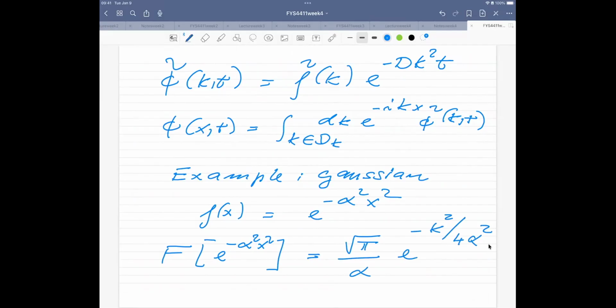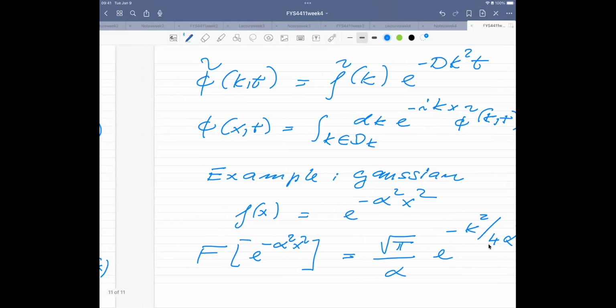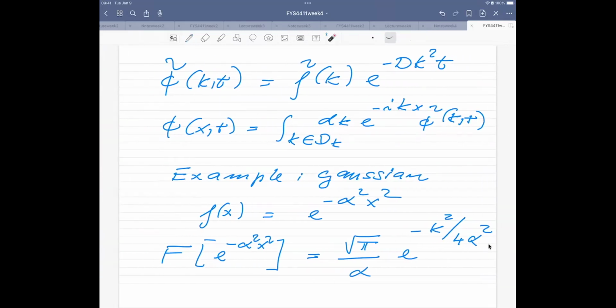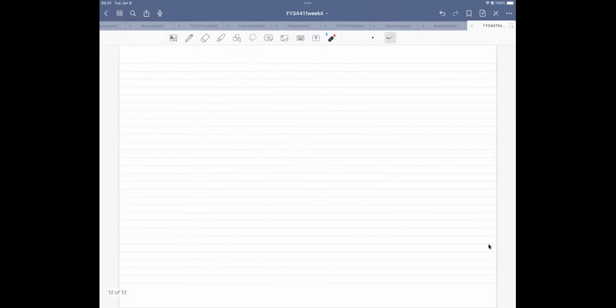Now, in our case, if we go back to the equations which we had with D and t, this alpha squared, if we rewrite it, is going to be given by 1 over 4 D t. So we have a fixed time, keep that in mind, fixed t.